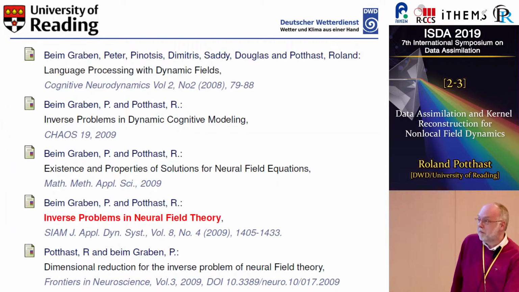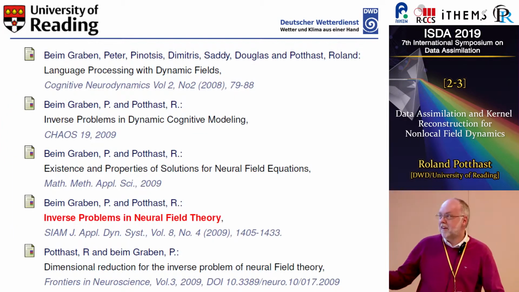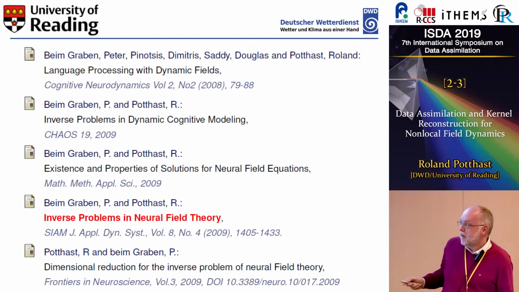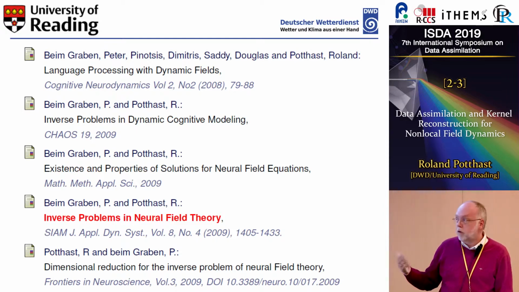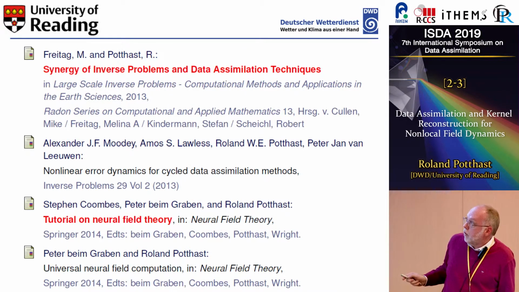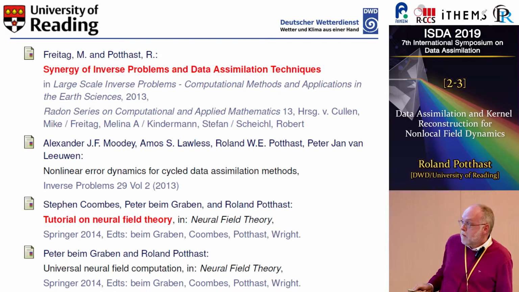Okay, some literature to close and give you time for lunch and photos. Inverse problems in neurofields: we worked on this for several years, going step by step with the Amari equation and the inversion. Also, perhaps I can point out the synergy of inverse problems and data assimilation techniques; there was an initial paper by Melina Freitag and myself some years ago.